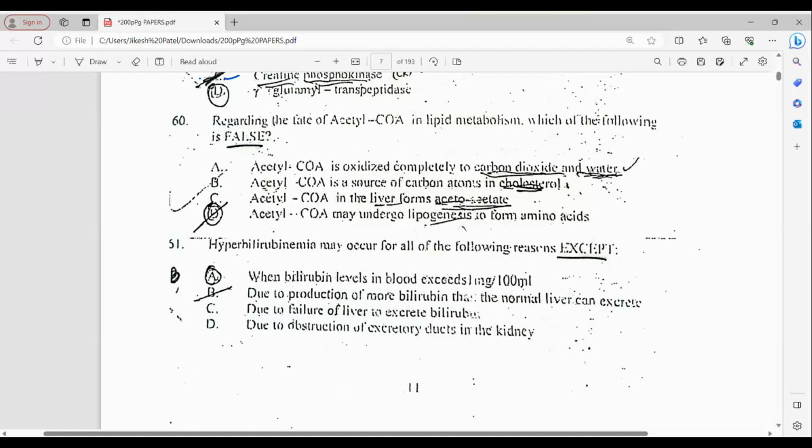When bilirubin is reaching the kidney, it's not reaching as itself. They're trying to confuse you. Usually hyperbilirubinemia would occur if there's obstruction of ducts in the liver. Do we have ducts in the kidney or tubules? I think here it's wordplay. We don't have ducts in the kidney. Okay, that makes sense then.